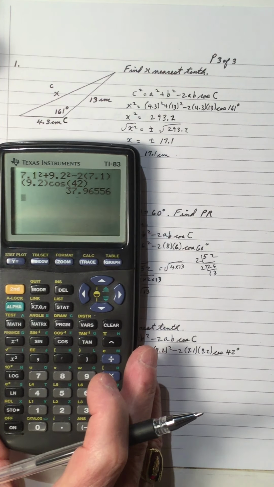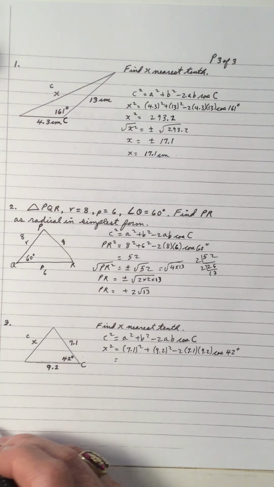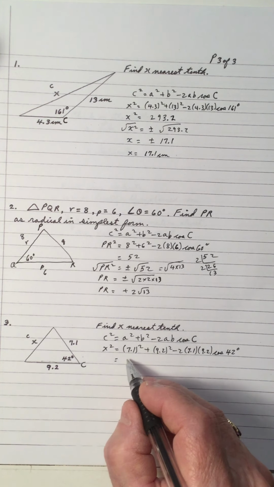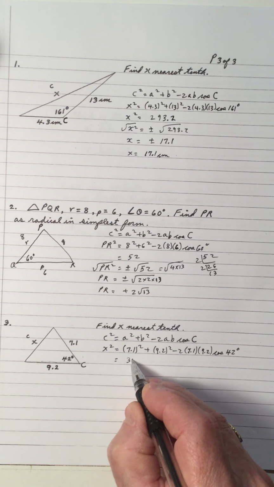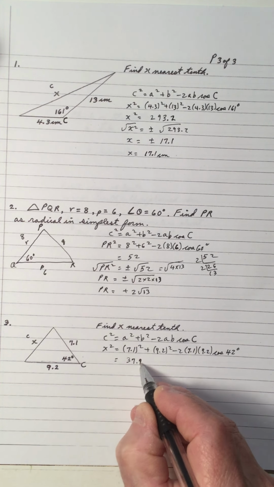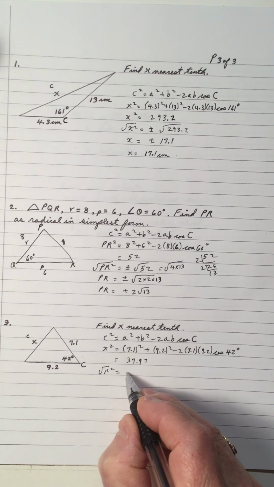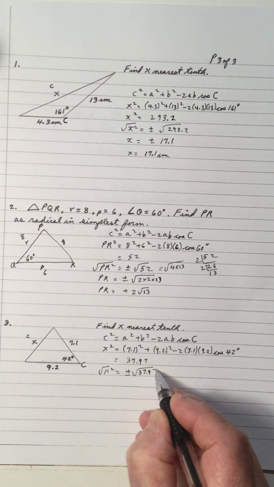37.96. Did I do the 42? So it's 37.97. So the square root of x squared is plus minus the square root of 37.97.